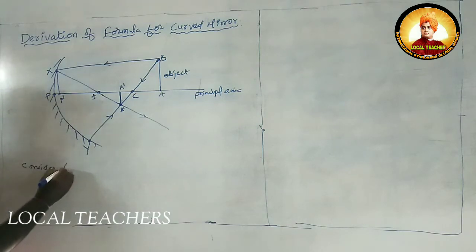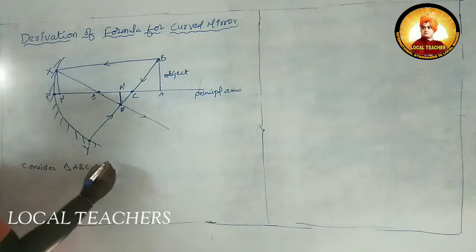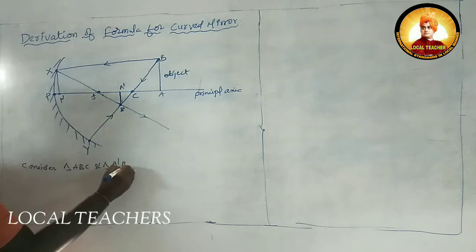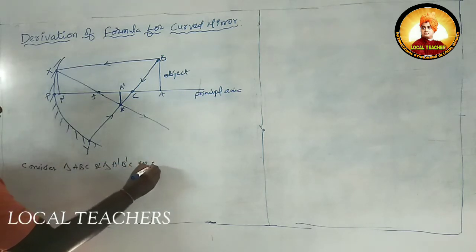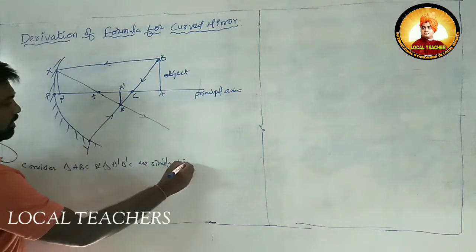Consider triangle ABC and triangle A dash B dash C are similar triangles.